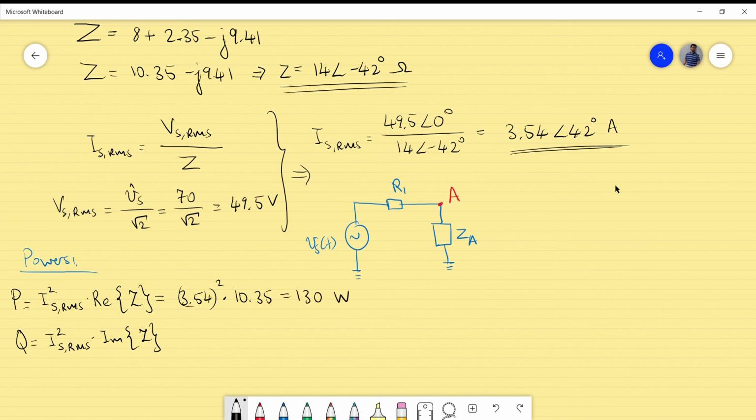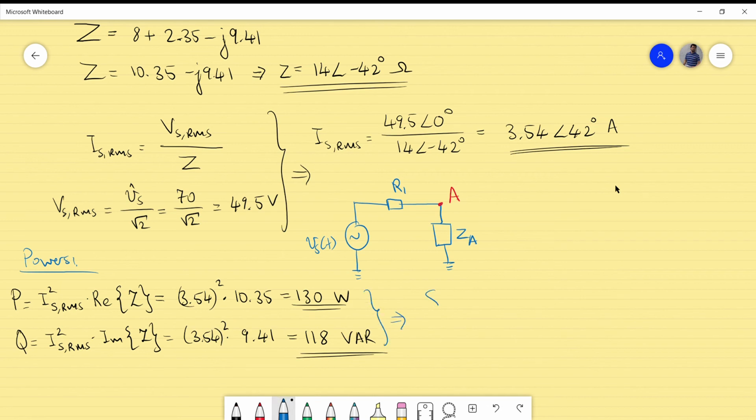This is actually for P. If I do the same calculation for Q, I will have 3.54 squared times the imaginary part of the Z, which is 9.41, and that will result in 118 volt amperes reactive.